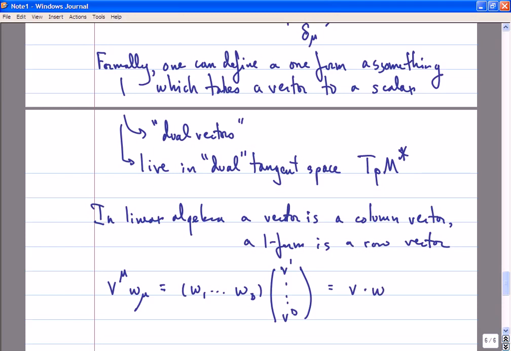Usually in linear algebra and in vector calculus, the dot product is defined between two vectors and not between a vector and a one-form. That's because in your vector calculus classes, you never distinguished between one-forms and vectors. That's the whole reason why in your vector calculus classes, you were never careful about whether you had an upper index or a lower index. Whereas in this class, I've been extremely neurotic about where upper indices live and where lower indices live. The reason is that in your linear algebra class, you are only ever dealing with flat space, where it's reasonably safe to squint a little bit and not distinguish between one-forms and vectors.